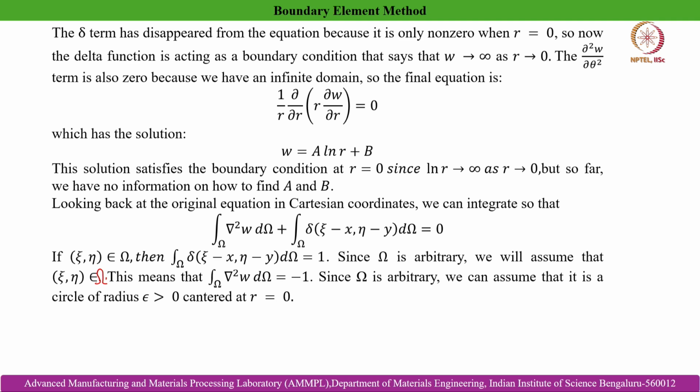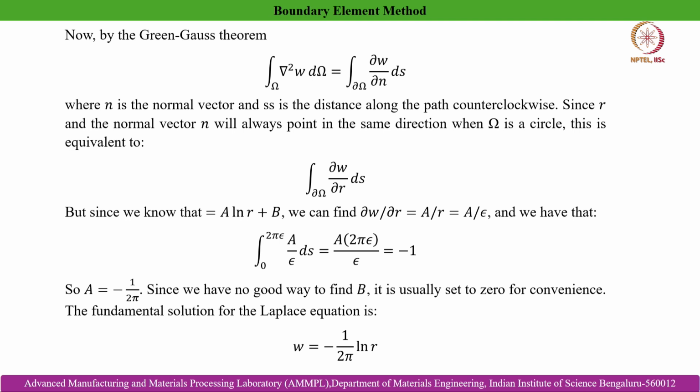So, with this we have to now apply the Green-Gauss theorem. According to the Green-Gauss theorem, we can write that integration over the domain of grad square w d omega is equal to integration over del omega of del w del n ds, where n is the normal vector and this s is the distance along the path.